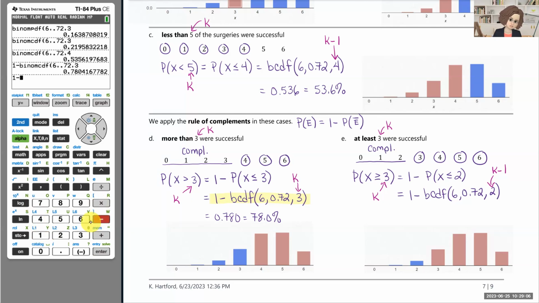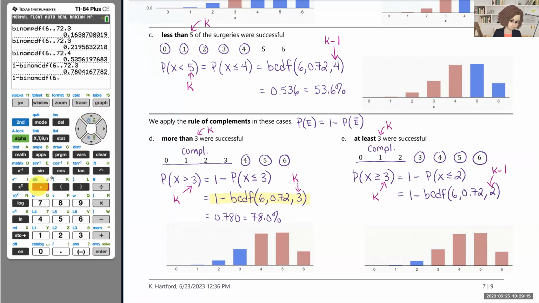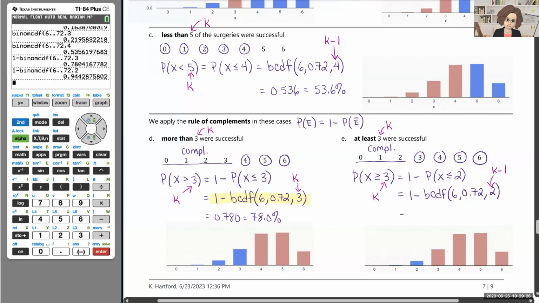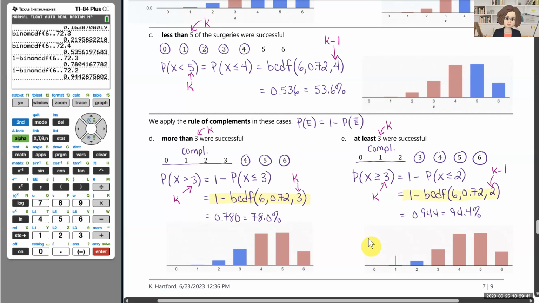Okay, so 1 minus binomial CDF N, P, and K minus 1 is 2. And that's 0.944, or 94.4% chance. All right, so it's rule of complements for the at least case and the more than case.